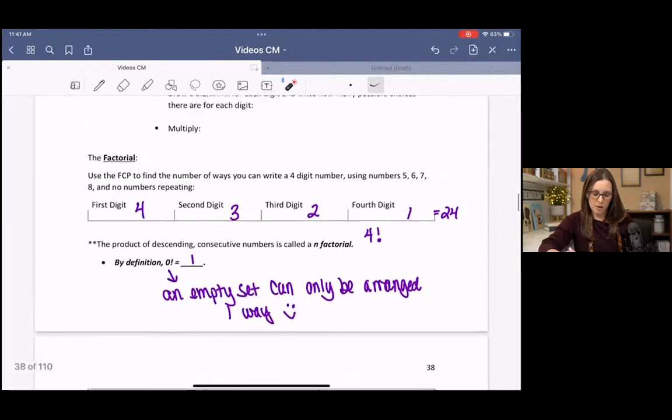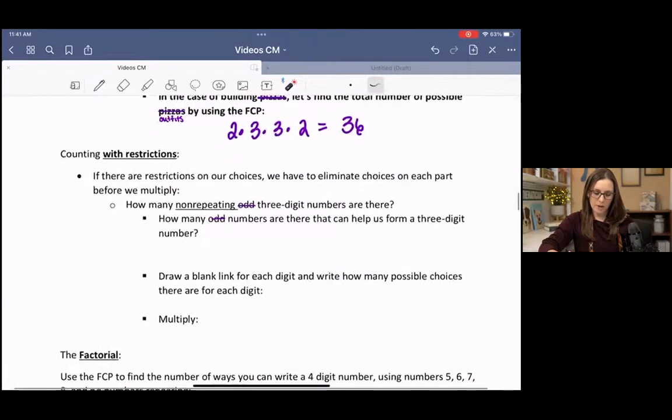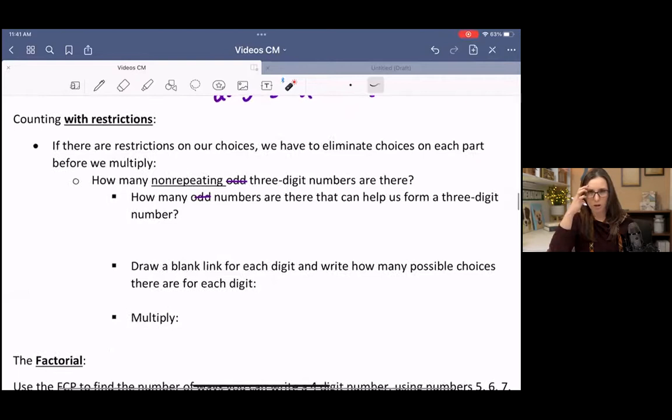So I want to go back up here to this example. I didn't want to start with it because it's a little bit harder to grasp initially. But now that you've been introduced to the subject, I think we can confidently go over it. So this has several restrictions, and we have to eliminate choices along the way, like we did with the 4-digit number example we just went over. How many non-repeating odd 3-digit numbers are there?